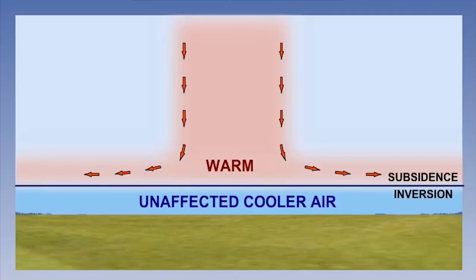This creates a temperature inversion. These are known as subsidence inversions and mark the point where temperature abruptly rises with height instead of falling with height, which is normally the case. This causes the layer to be very stable, and as you will see in the next scene, this has a significant impact on the visibility.